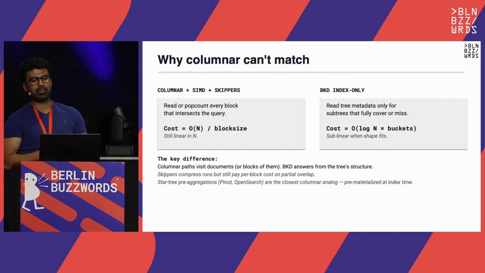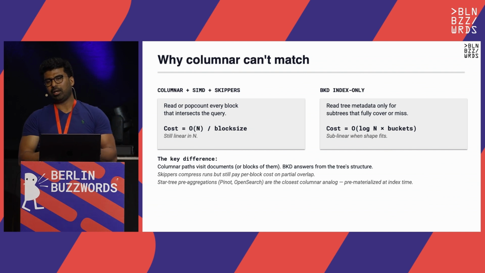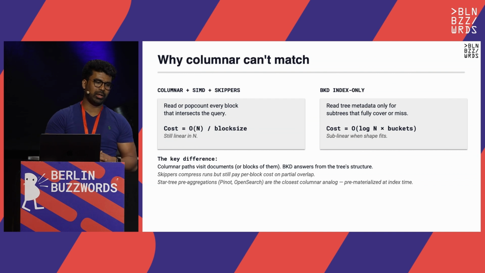But this BKD is able to answer that from the tree structure itself. So subtrees that fully cover or fully miss are answered from metadata. You don't need to go to the leaves. And cost is roughly log n across buckets. And I think even though it says log n across buckets, it is bounded by the tree size and the number of buckets, because you might end up skipping multiple buckets if there are no matches.